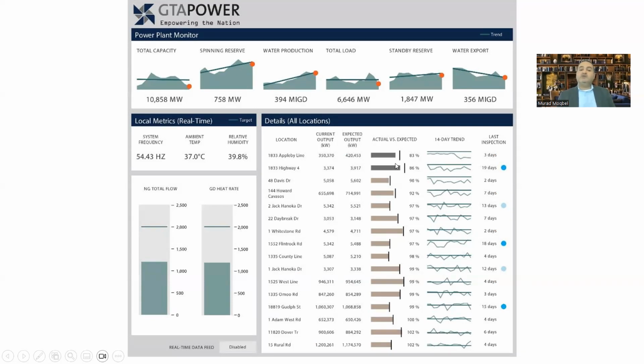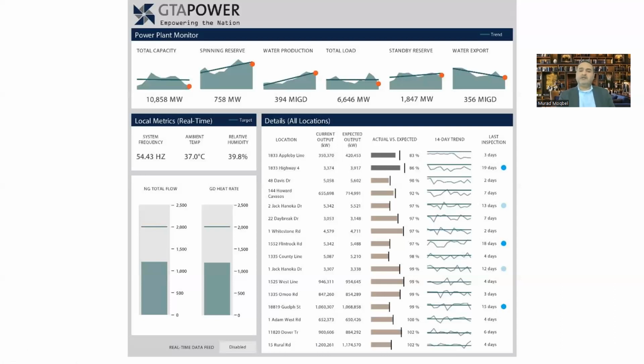Now, you notice that we are using different scales for each of the power plants, and that this power plant, the first one, is producing more than 400,000 kilowatts in comparison to this next one, which is producing only 3,900 kilowatts. So we are not basing them on the same scale, and that's why we have different sizes of the bars.